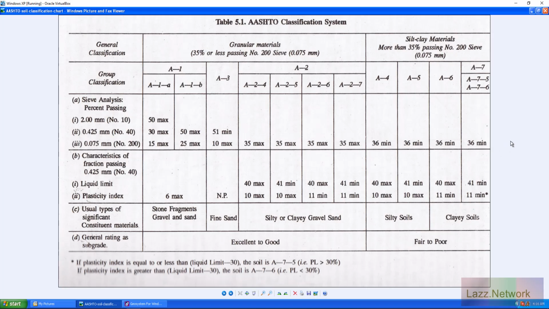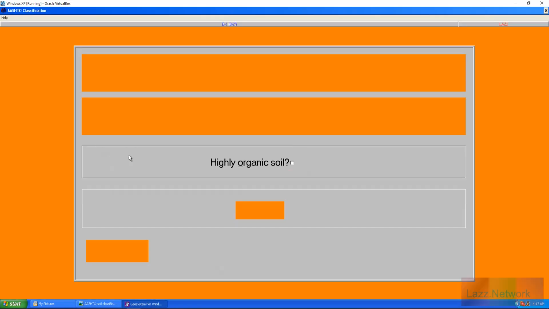We're above that, and then it's all based on our liquid and plastic limits. Our liquid limit minimum is 41, we had 43, and our plastic index was 22, so it was over the minimum. That was A76. I kind of forgot.